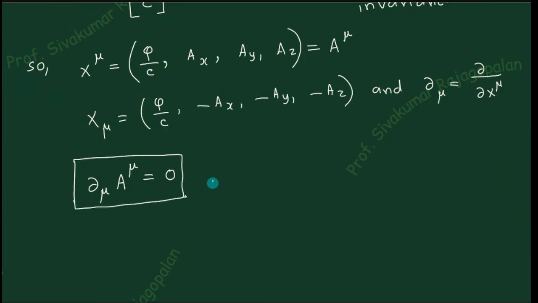So now the conclusion is that the Lorentz gauge is invariant. That means a person working in the Lorentz gauge, when this is made sure, then even after the Lorentz transformation, that means shifting from one frame of reference to another reference frame, the gauge condition is intact.